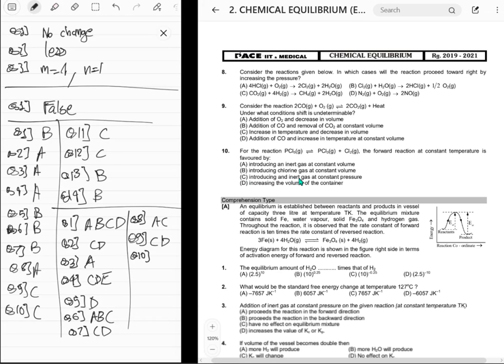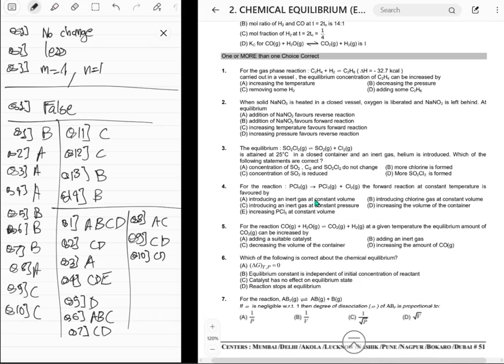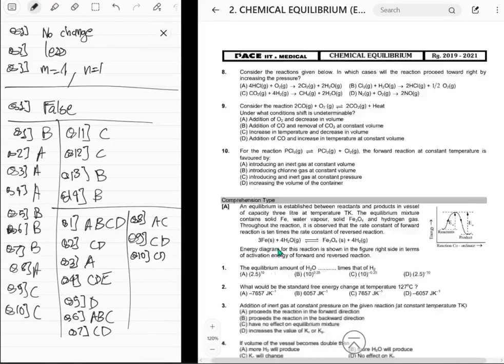Introducing an inert gas at constant pressure: the system's pressure will decrease, so it will favor the forward reaction. Increasing the volume of the container, same thing. So C and D. Wait, isn't this the same question that was initially asked? But this has 5 options. So, whatever, that's the way to go.